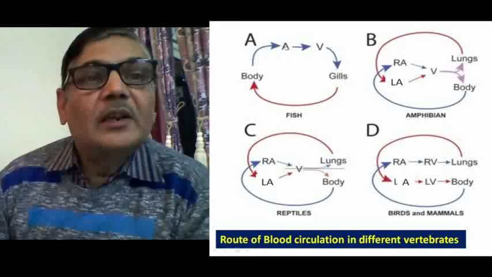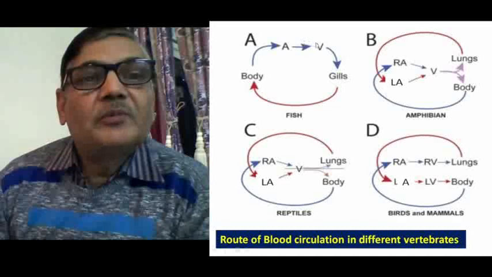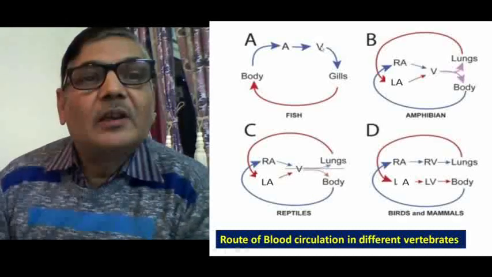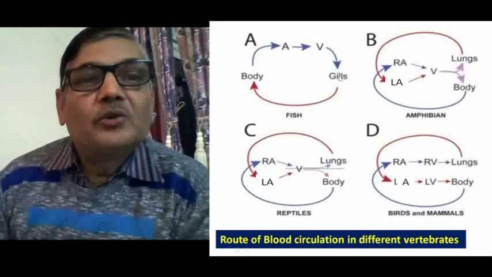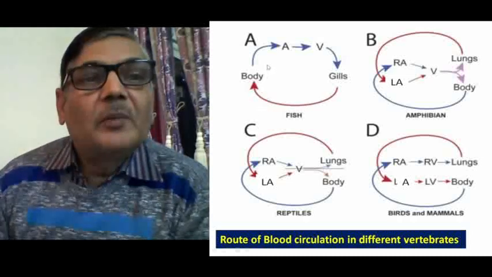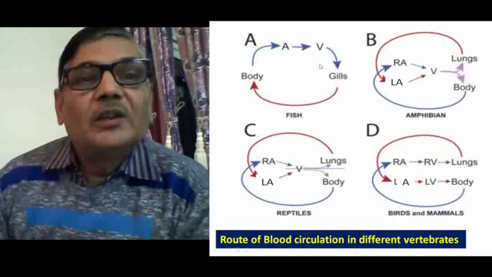When this auricle contracts, then blood is pumped into the ventricle. And when the ventricle contracts, then the venous blood is pumped to the gills, and at the surface of the gills, blood gets aerated or oxygenated, and the oxygenated blood will then be supplied to different parts of the body. So this is the way by which blood circulates in fishes.